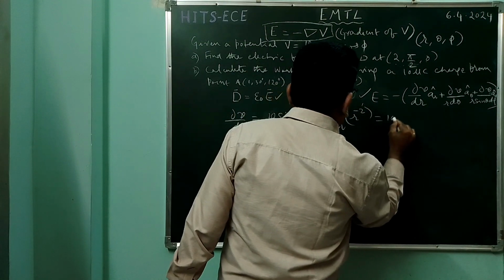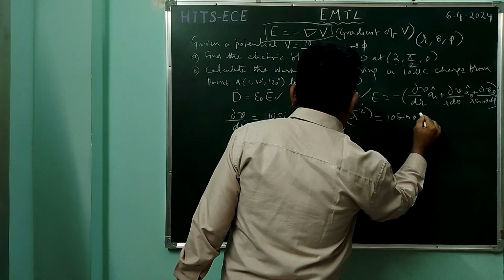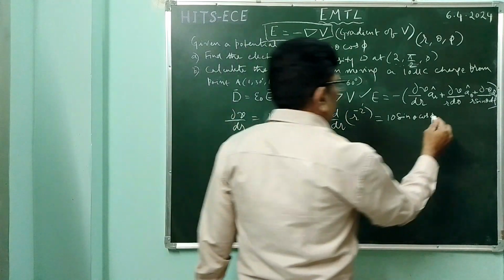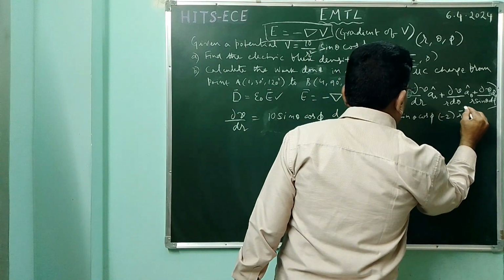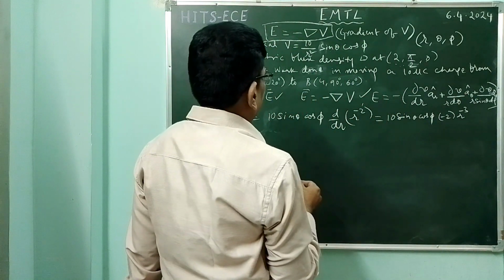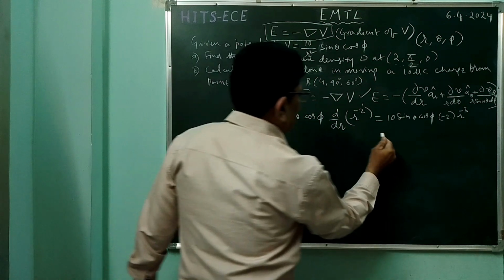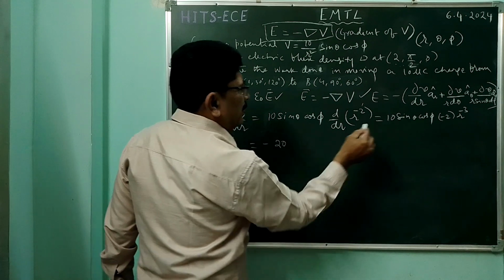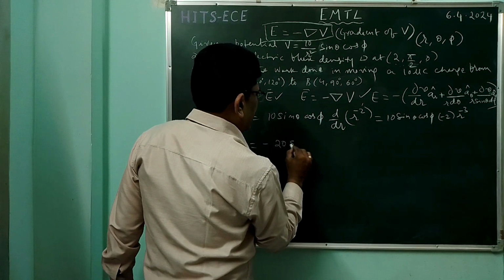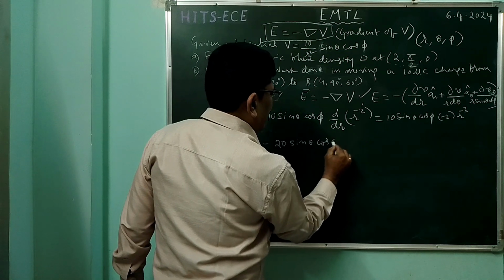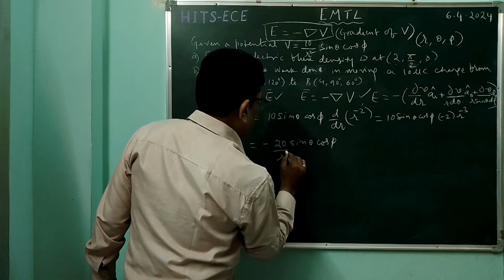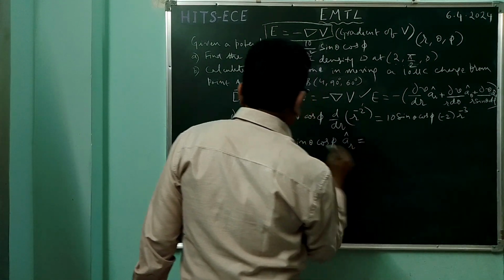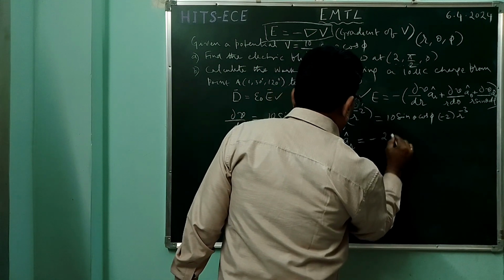The derivative of r power minus 2 is minus 2 into r power minus 3. So this is equal to minus 20 sin theta cos phi by r cube into ar cap.